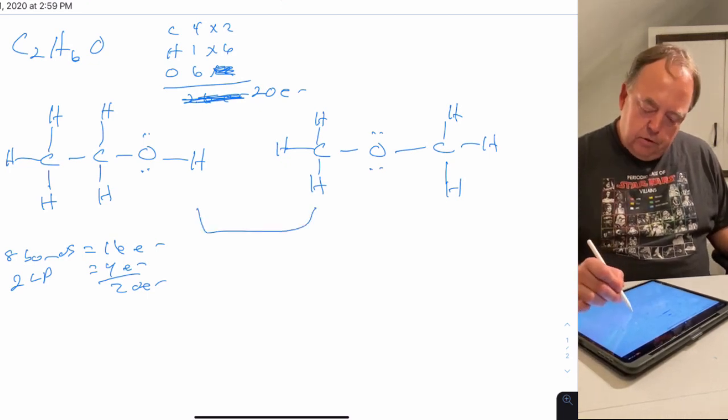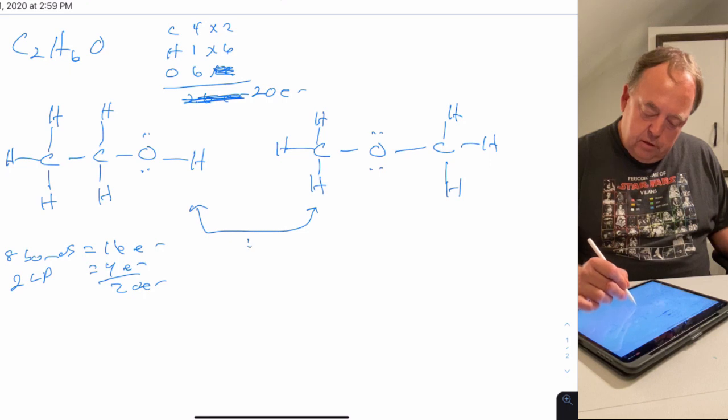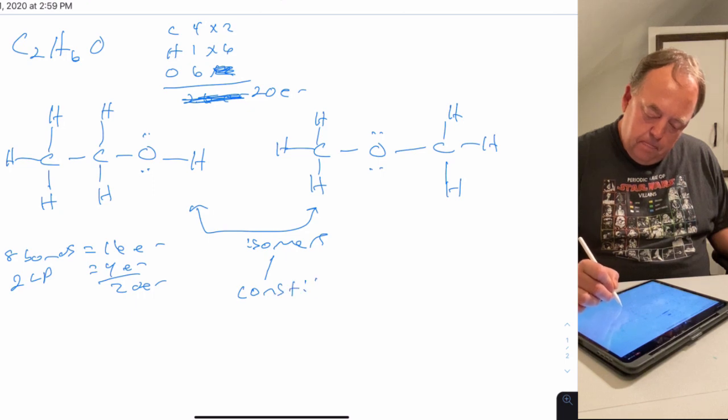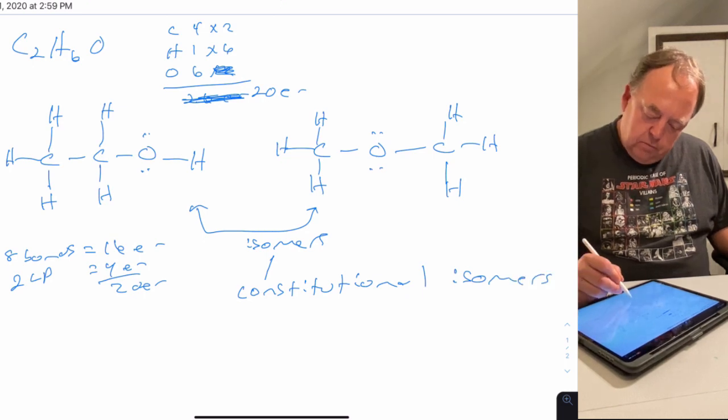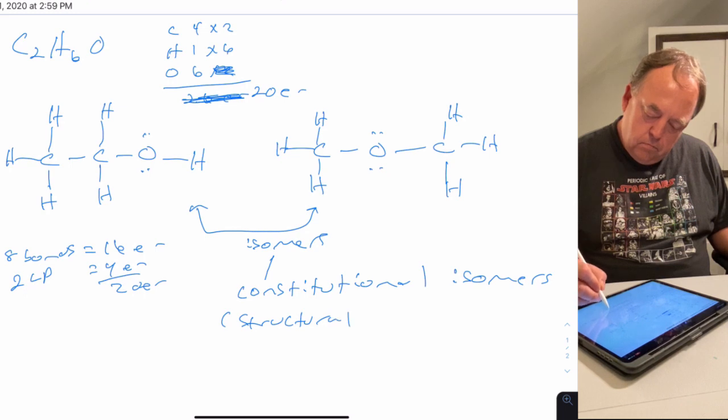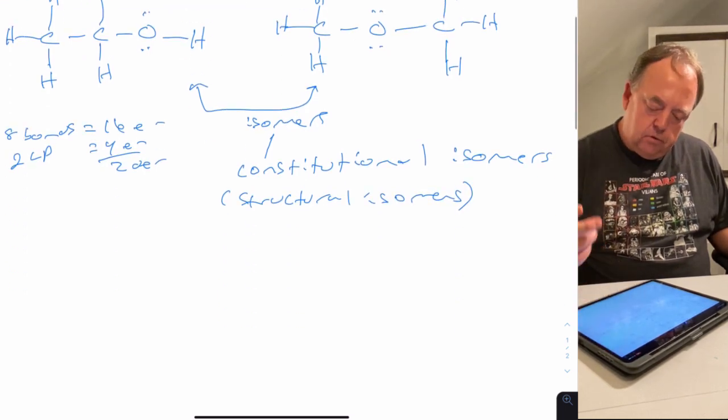So these molecules are what are known as isomers of each other. More specifically, they're called constitutional isomers, or sometimes they're called structural isomers. So same thing.